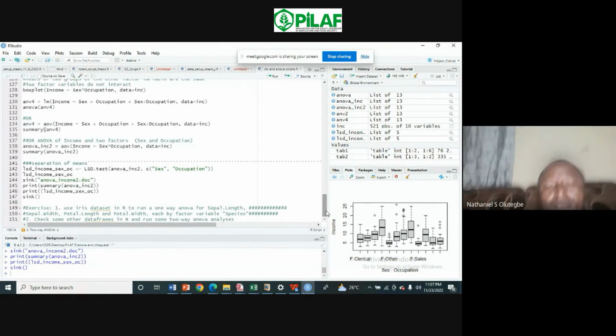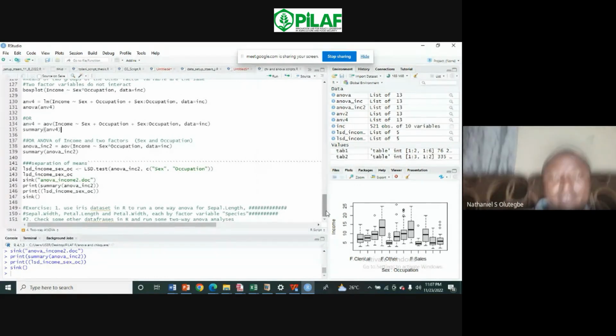Why I was trying to say that was because sometimes if you run just one, you may not be able to adequately interpret the data. Sometimes the result comes with some level of complexity. But there is a way some of these different options complement each other.